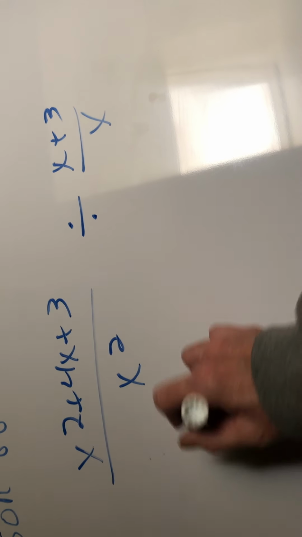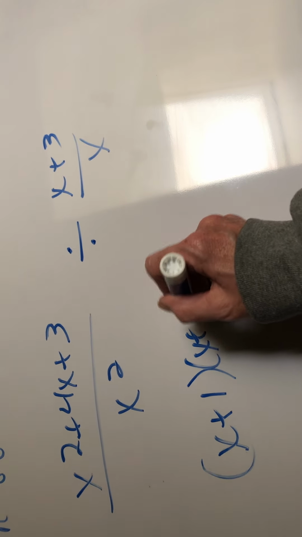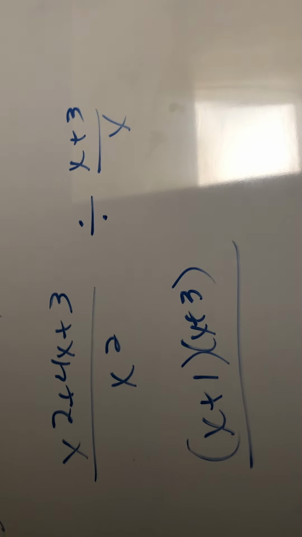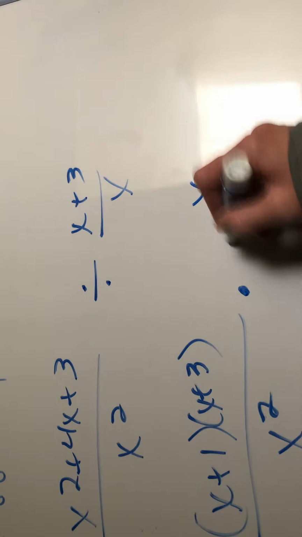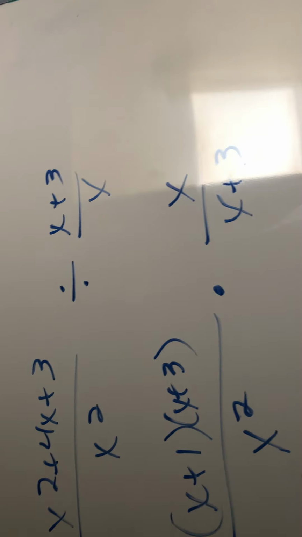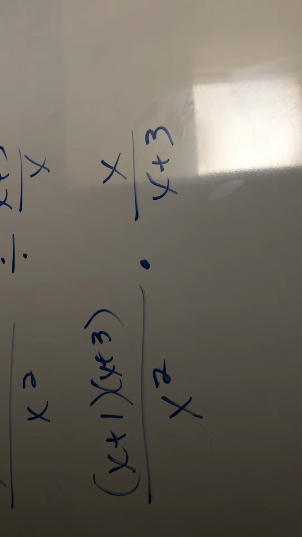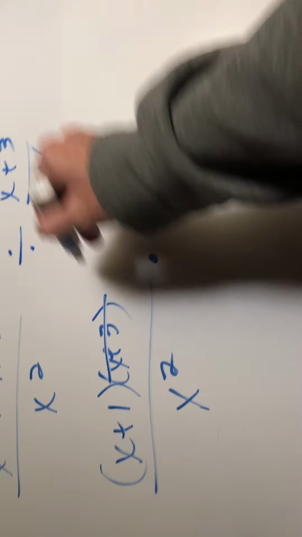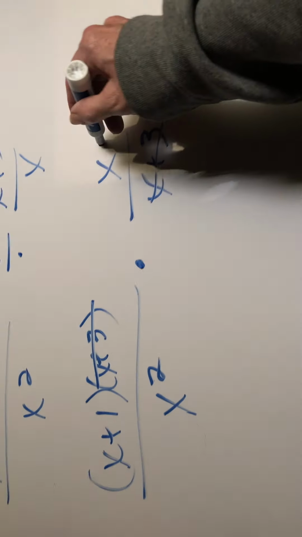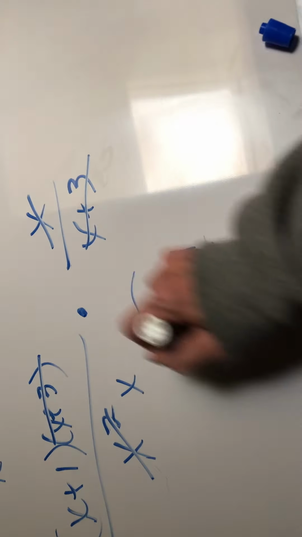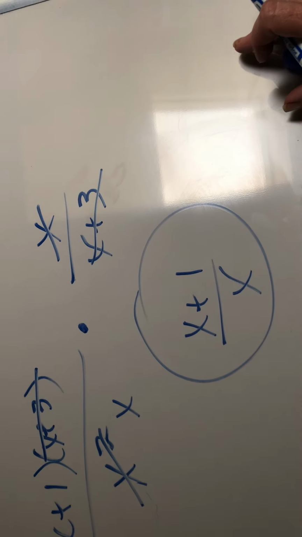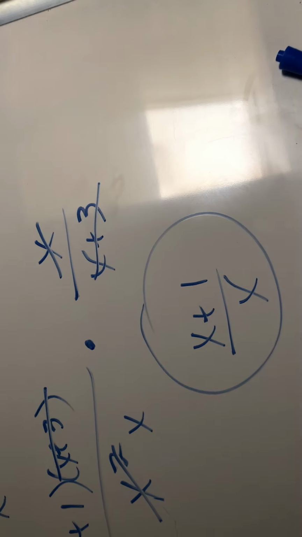So x plus 1 times x plus 3 is how that x squared plus 4x plus 3 factors. Leave it over x squared times x over x plus 3. So then again, x plus 3 cancels. Take an x out of x squared, it leaves an x. So you're left with x plus 1 over x that you can't do anything else with because of that addition sign. Okay?